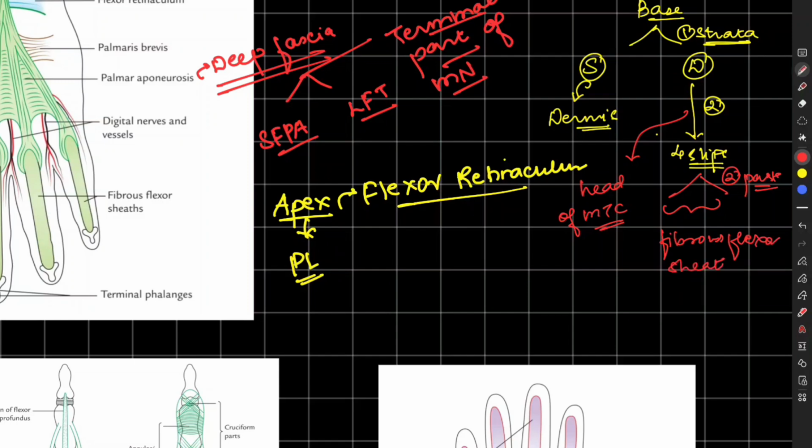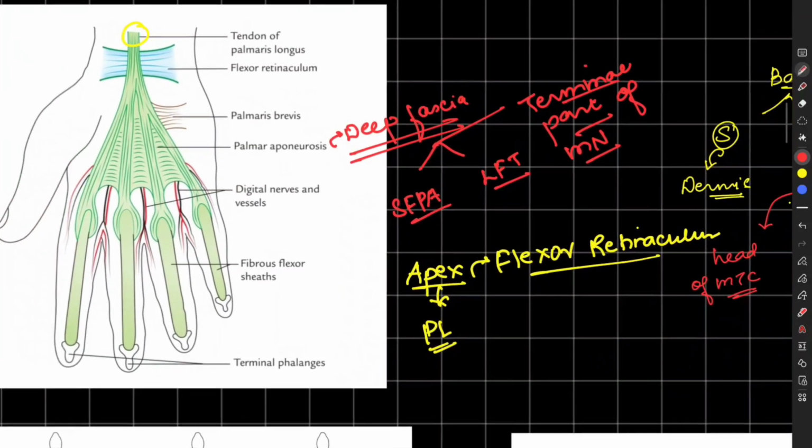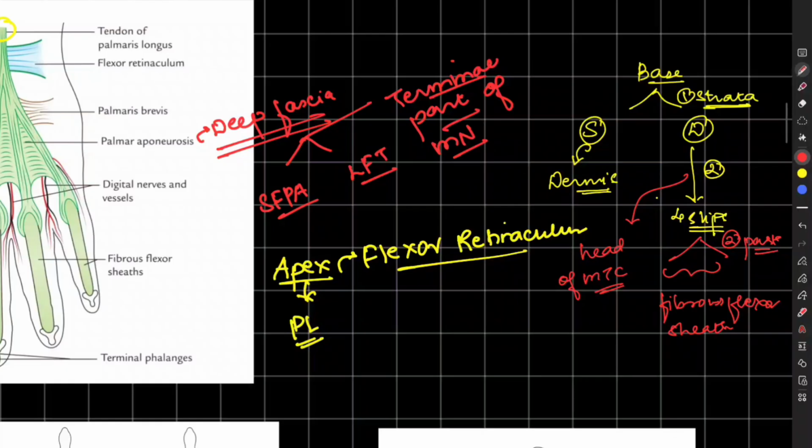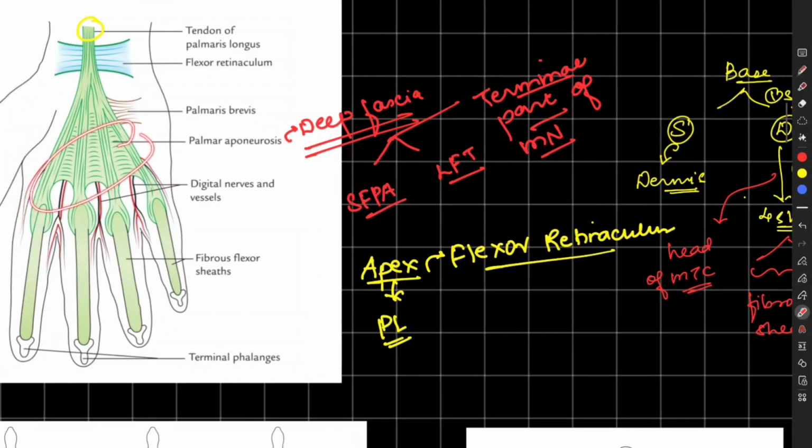Okay. So again explaining: if we talk about the base, the base divides into superficial and deep strata. The superficial stratum is attached to the skin above it. Now each deep stratum further divides into 4 slips.